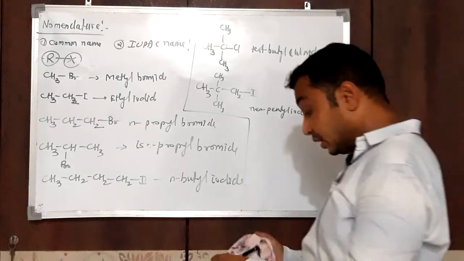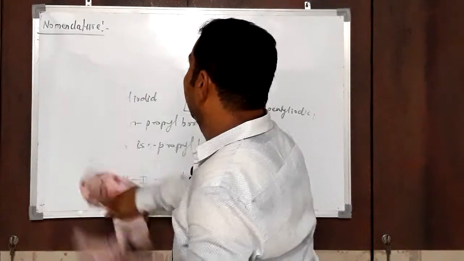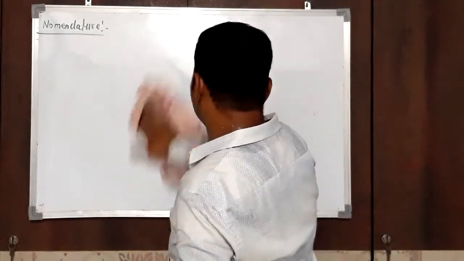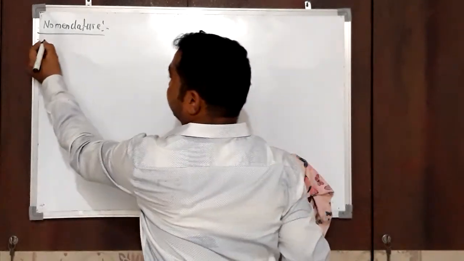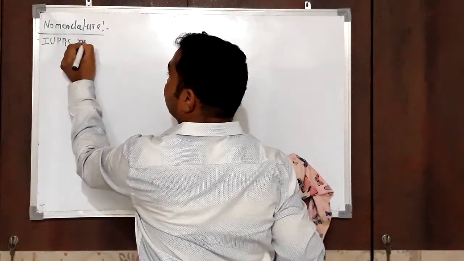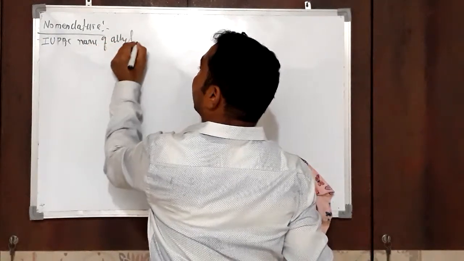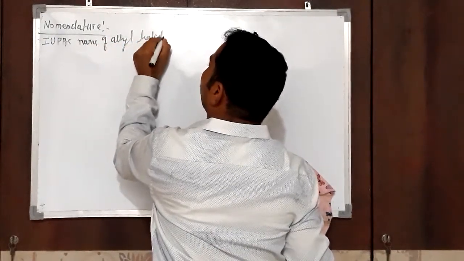Then the IUPAC name. We know what we have to do in the IUPAC name for alkyl halides. Very simple.